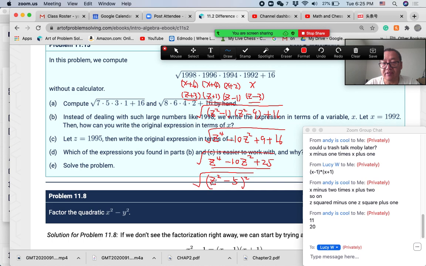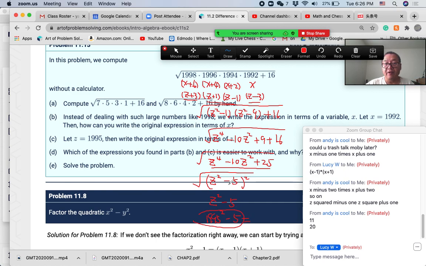We can write it like this: z squared minus 5, then square root. So this one will give you z squared minus 5, right? So then z equals 1995. Then you square this and minus 5. That will give you this, right? So then you can calculate this, right?